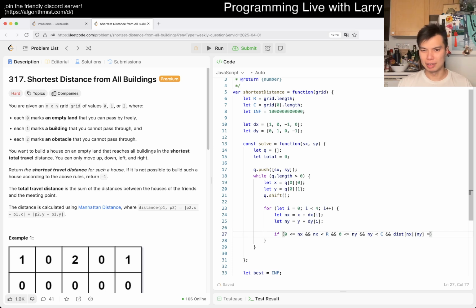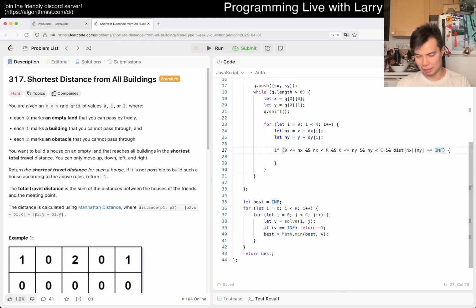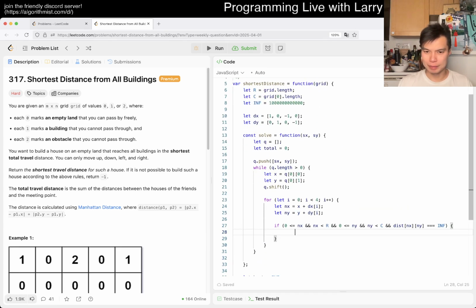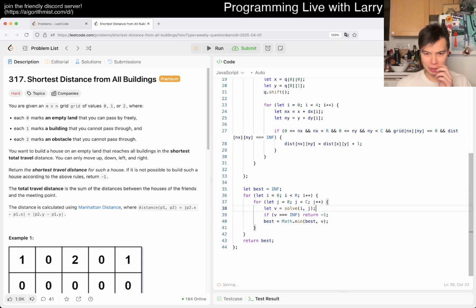I think it's undefined because I didn't define it, but whatever, let's keep it. Do I need to use three of these here? Maybe I do. I also have to check that grid of nx and ny is equal to 0. I have to check it here as well. I actually forgot.